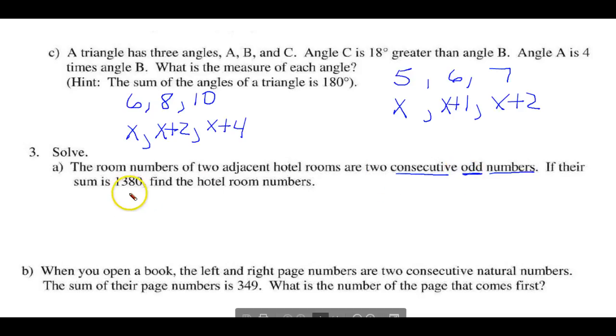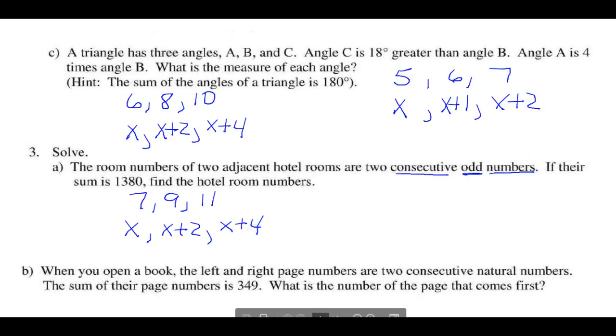So let's set that up. That's 7, 9, 11. Now if 7 is our first integer, how do I write 9? The next odd integer. Now how many do we have to add to 7 to make it 9? 2. x plus 2. And how many do we have to add to 7 to get 11? x plus 4.